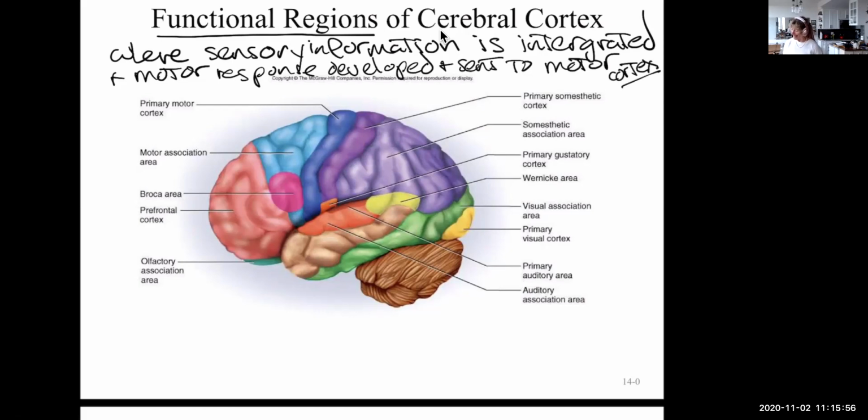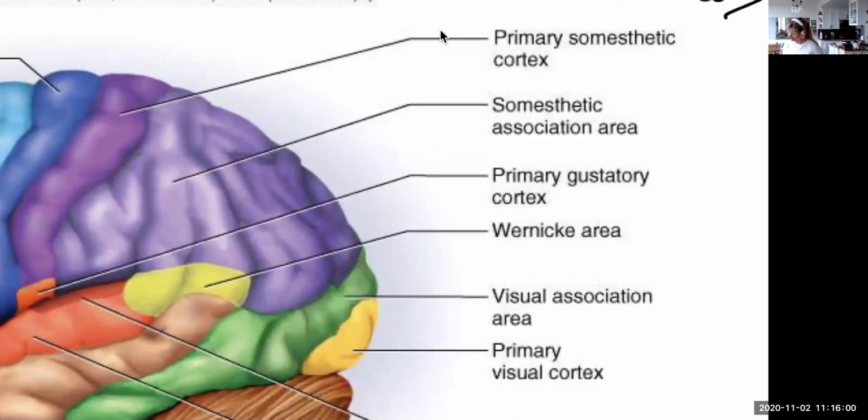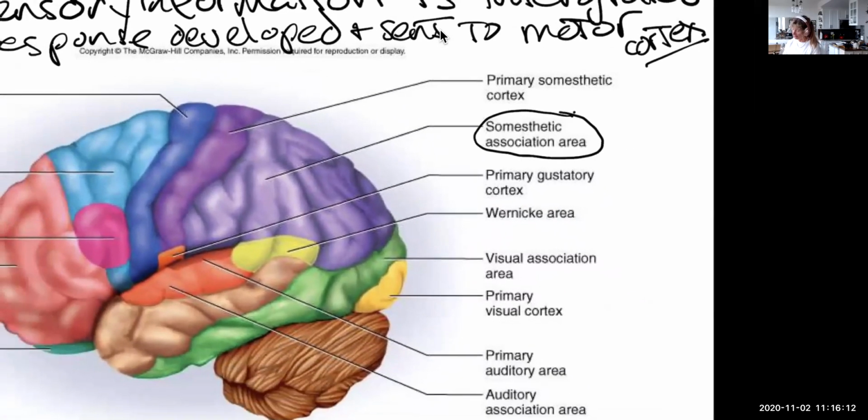So they are known as association areas. In the parietal lobe, you have the somatic association area where your somatic sensations are integrated and a response is decided on.